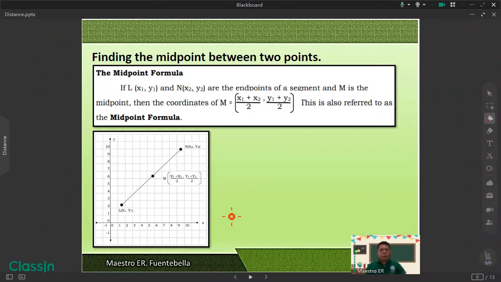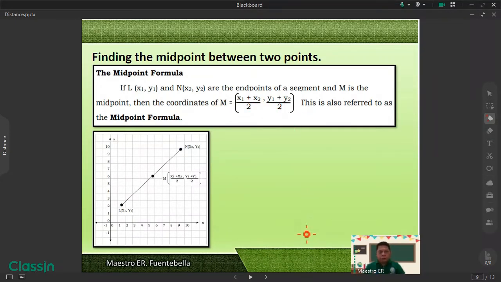Okay, so let's talk now about midpoint. So the midpoint formula between 2 points: if point L is at x sub 1, y sub 1, and point N is at x sub 2, y sub 2, are the endpoints of the segment, M is the midpoint, then the coordinates of the midpoint is equal to x sub 1 plus x sub 2 over 2 and y sub 1 plus y sub 2 over 2.